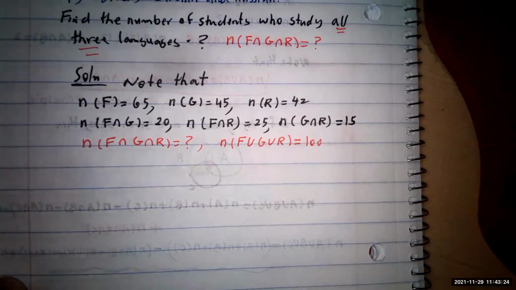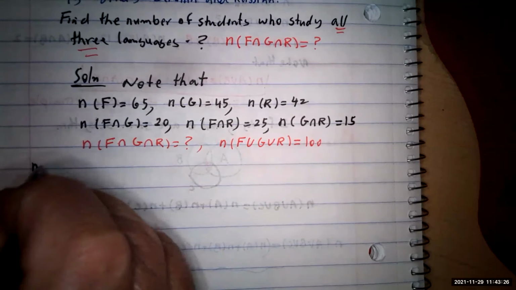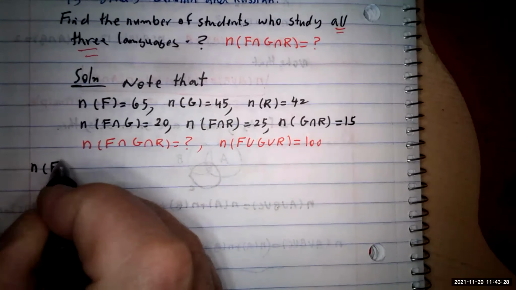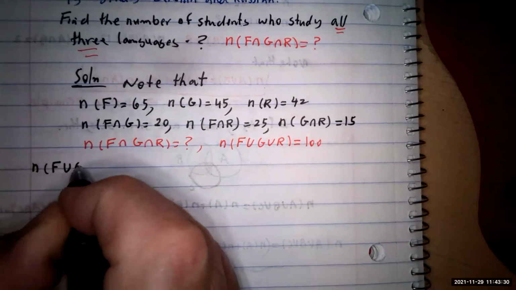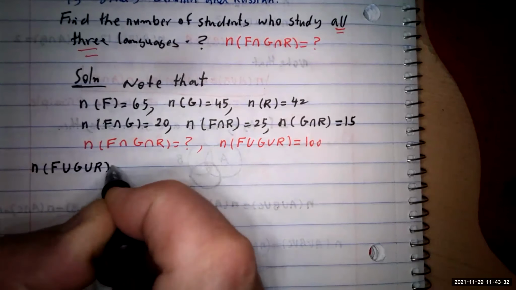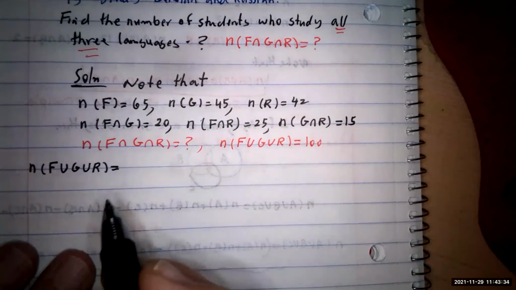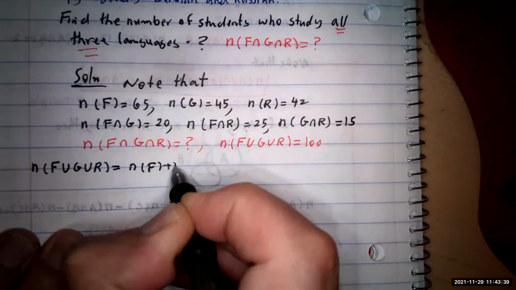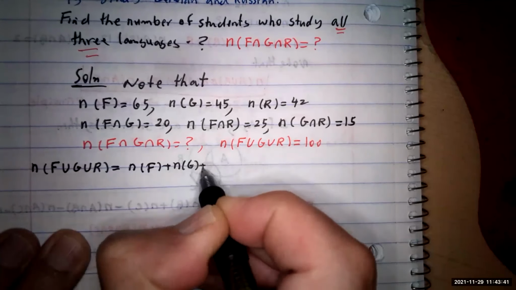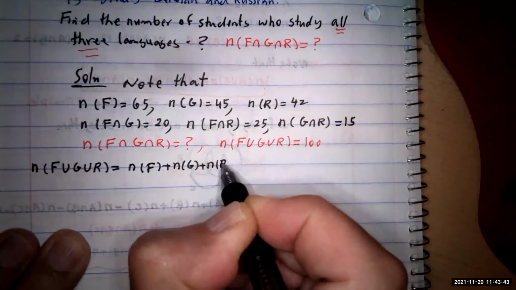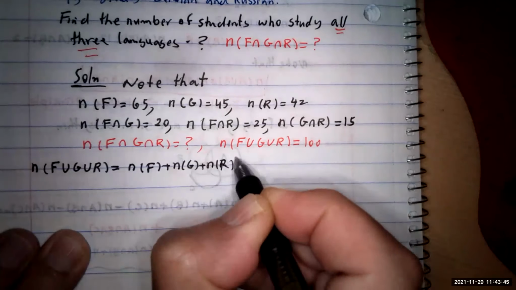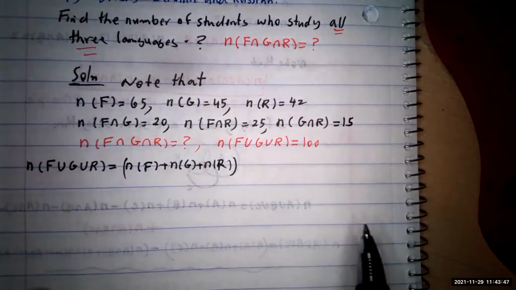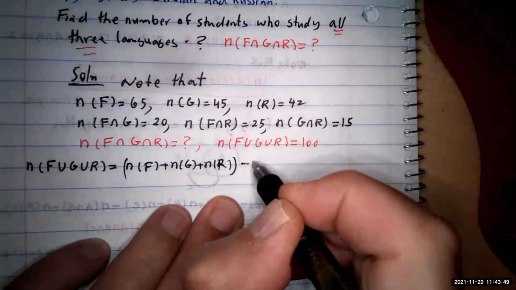So this is it. The formula to be used for this problem is N of F union G union R is going to be equal to, include each one first, N of F, N of G, N of R. Okay, so we include each set, exclude the 2 by 2 intersections.